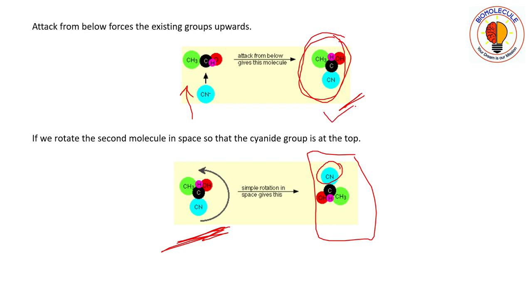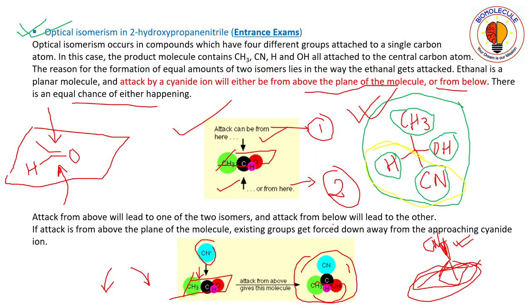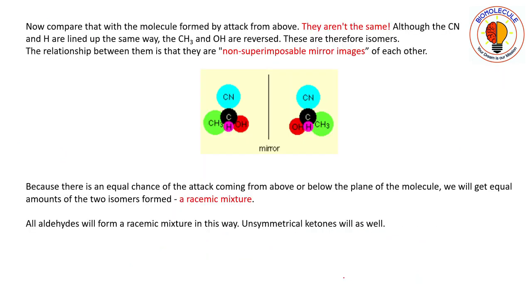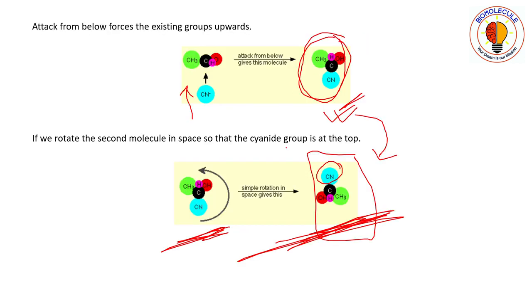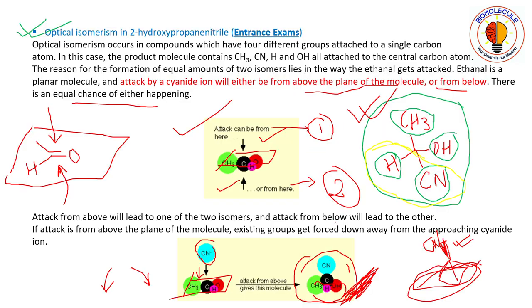Now we will take this compound and compare it with the compound from the first attack. See here, in this one the hydroxy group is in the left position, and in this one the hydroxy group is in the right position. I'll just clear all this mess.